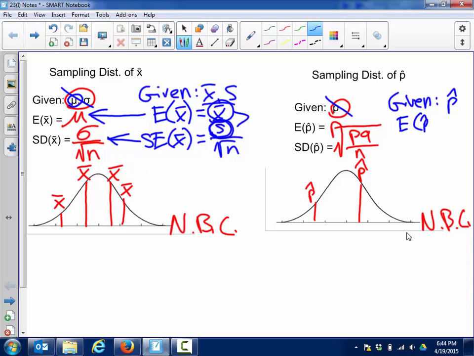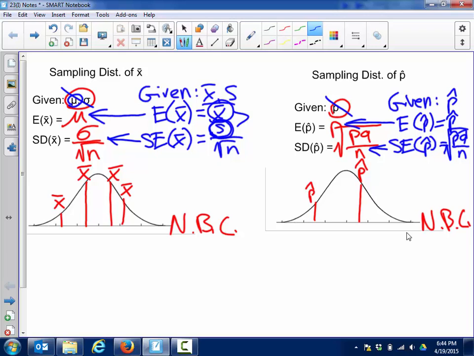Well, let's contrast here real quick. So let's say we don't have the population proportion and we want to describe sample proportions. So let's say that we are given p hat, okay? And that's the best we can do. Well, we would expect that if we don't know the whole population proportion, maybe extend that discussion of milk, maybe we want p to be the population proportion of everyone within the United States who is drinking milk.